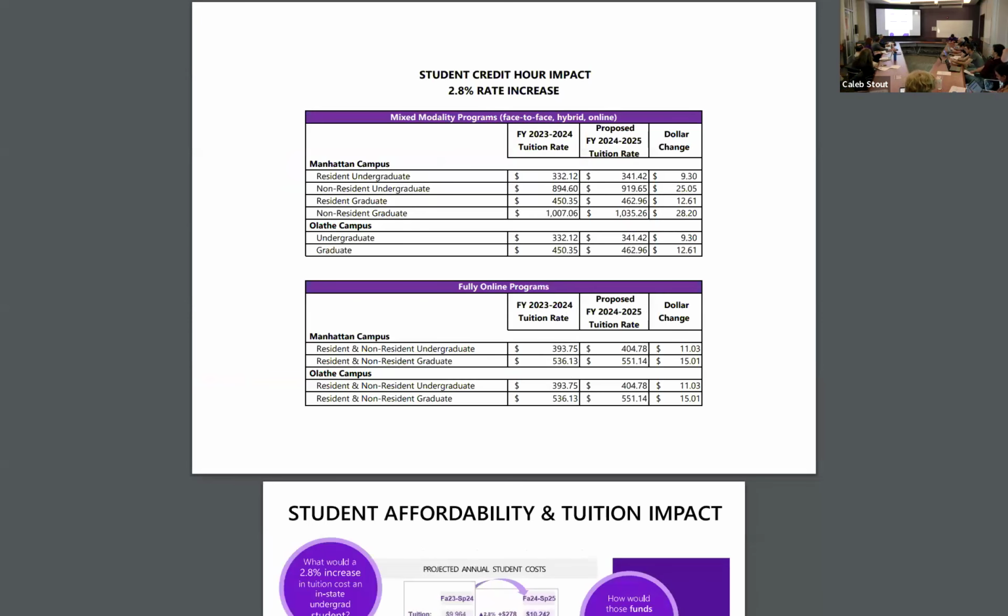And then we also wanted to show you everybody broken out, what that means on a per credit hour basis for all the different cohorts: resident, non-resident, graduate, non-resident graduate, Manhattan campus and all that.